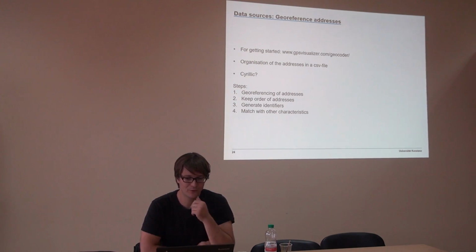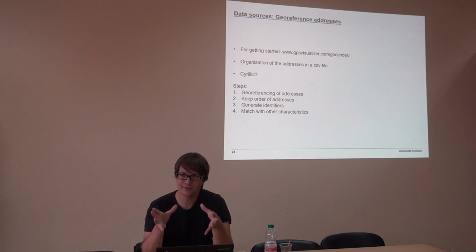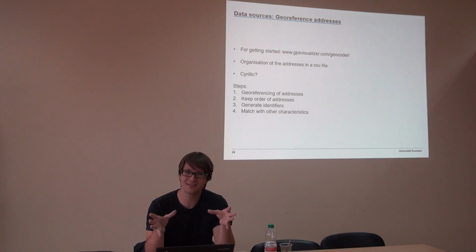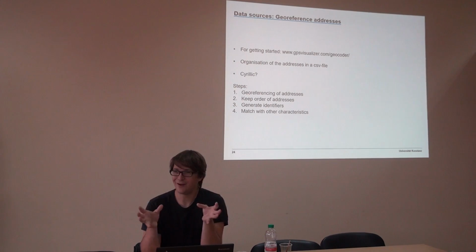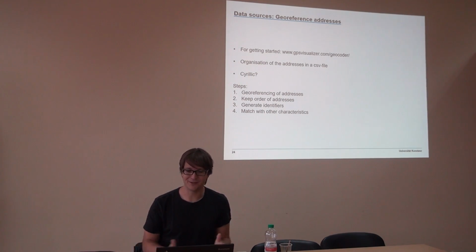Okay, and then you do it like this. You georeference your addresses, then you have the lower box, then you keep the order of the addresses. Then you need to generate some kind of identifier, and with this identifier you try to match this with other characteristics.